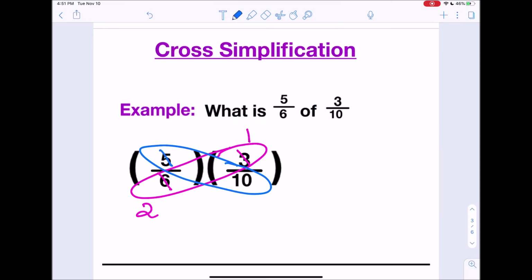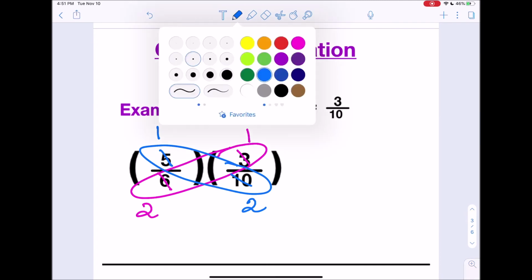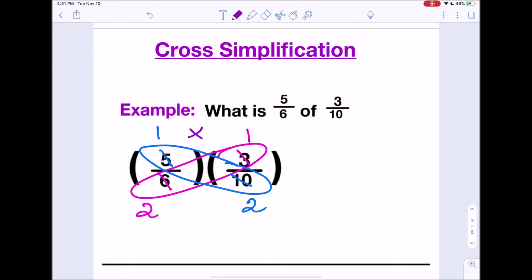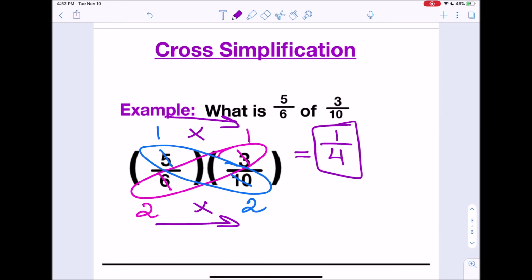Once again, 5 goes into 5 one time. 5 goes into 10 2 times, and I get a 1 and a 2 again. Now I can go ahead and multiply across. And they're much smaller numbers to multiply, and I end up with 1/4 as my answer. Okay, and it simplifies the problem for you.